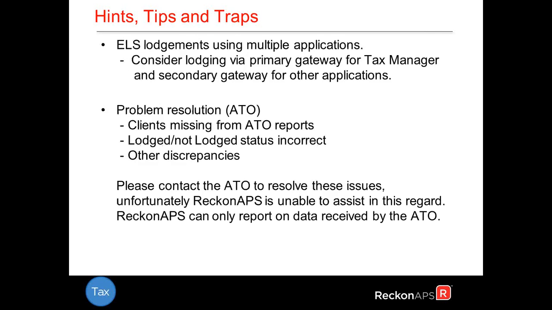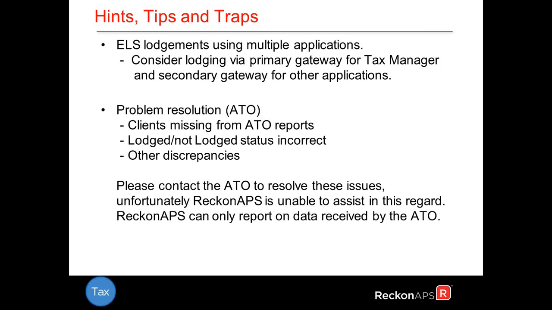ELS lodgements using multiple applications, so obviously those clients that are using Reckon APS to do tax lodgements as well as a third-party vendor to lodge other tax returns with the ATO. This is an area that you need to pay careful consideration, and this is a common issue amongst those clients who are using third-party vendors to lodge. Our recommendation is as follows.